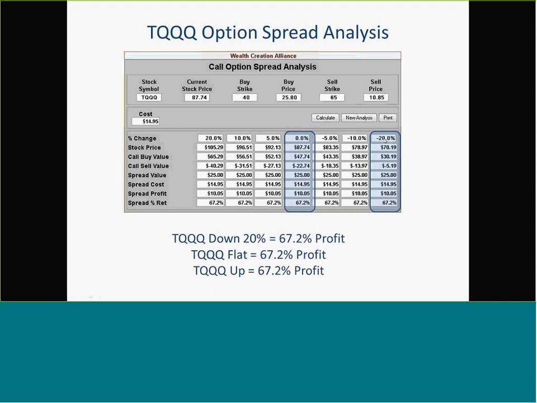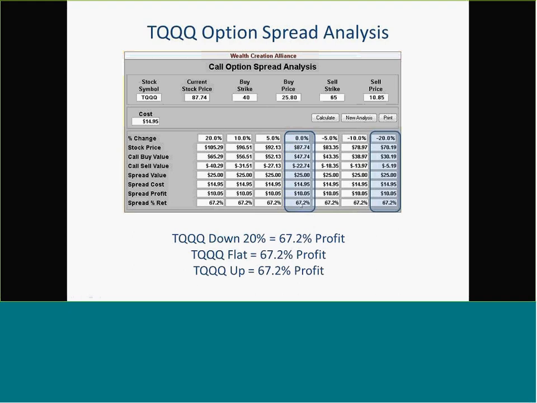And this bottom row here is the percent return based on the various changes in the triple Q at option expiration. So we can see if the triple Qs are up 20%, I get a 67% return. If the triple Qs are flat, I get a 67% return.